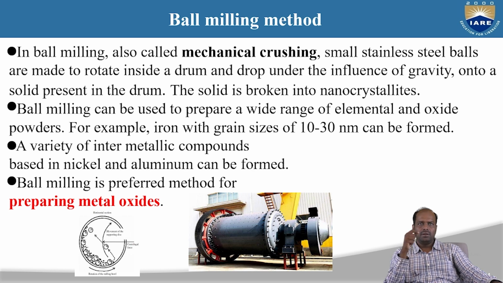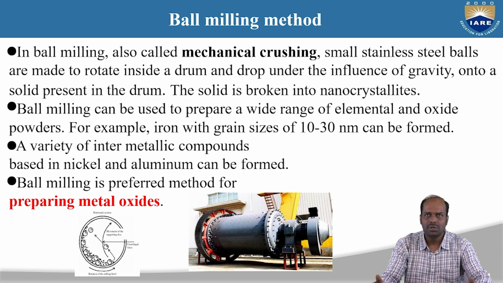Based on the preferred method, we can crush the material into a smaller powder, and that powder into the nanoparticle range. The ball milling method is also called a mechanical crushing method. Small stainless steel balls are made to rotate inside the drum and drop under the influence of gravity onto a solid present in the drum. The solid is broken into nanocrystallites.